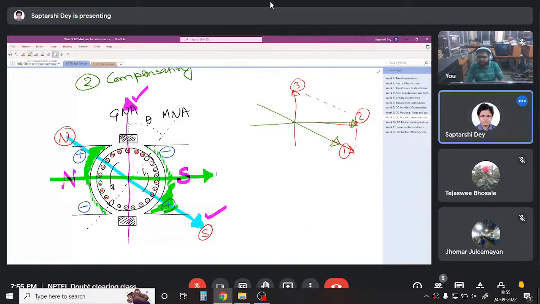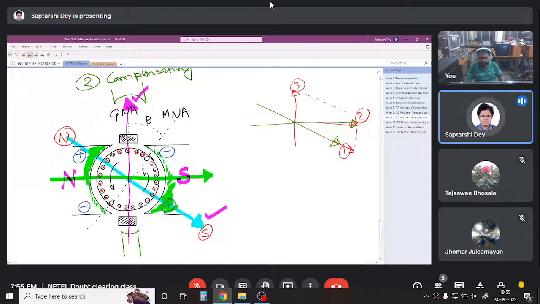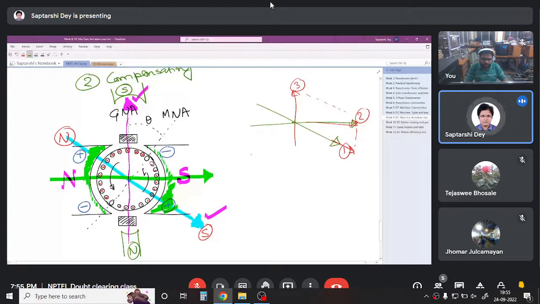So to do this, what should I do? I have to have a small pole here. I have to have another small pole here, right? Going out means this will be a north pole, this will be a south pole. Again, we will look at this problem.